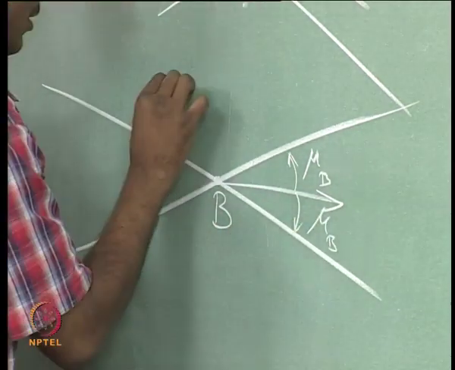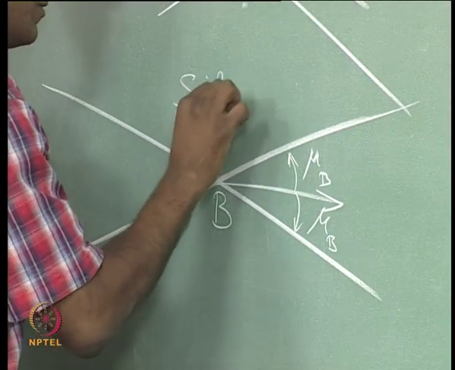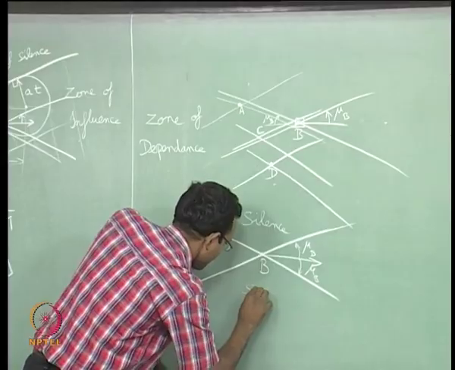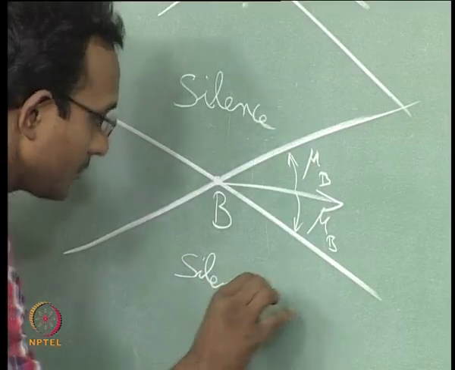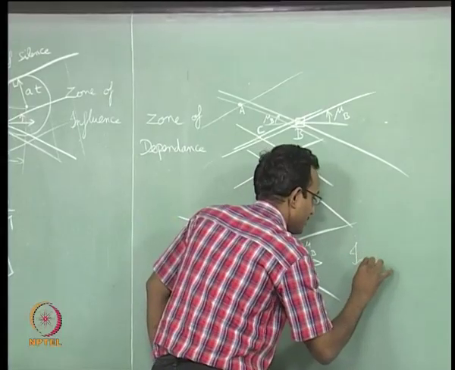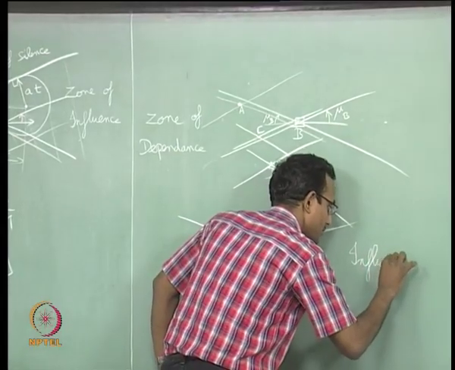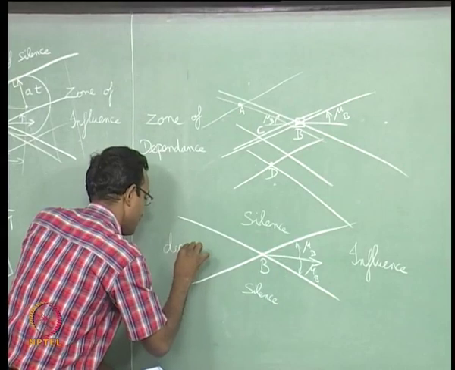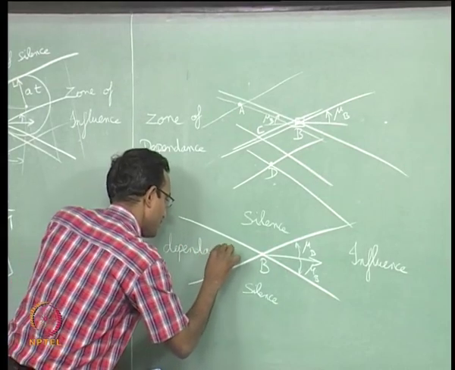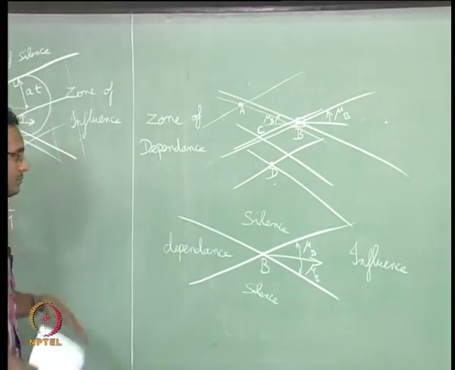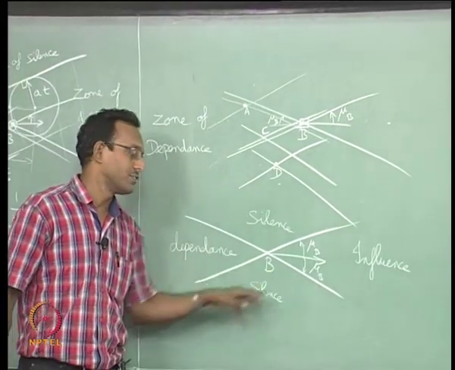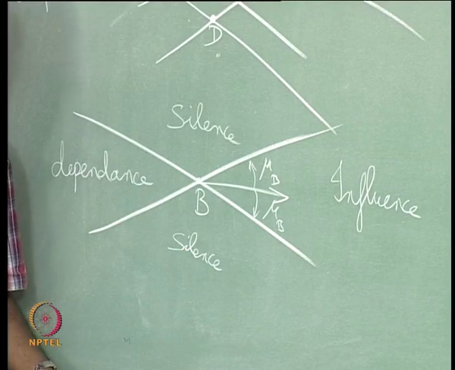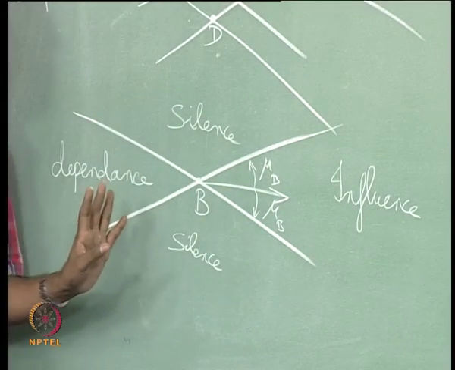Now I am going to label all the parts. This is my zone of silence, this is also silence, this is my zone of influence, and this is my zone of dependence. Okay. These are the different zones for one particular point B. Okay. This is what you have to get used to.